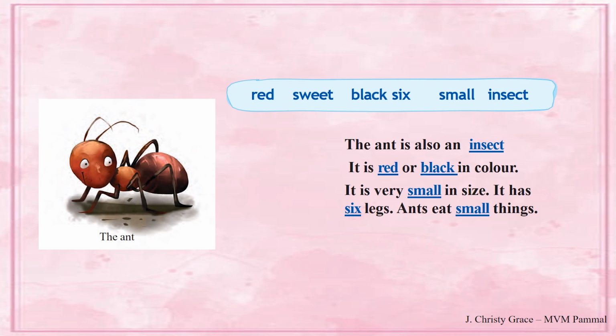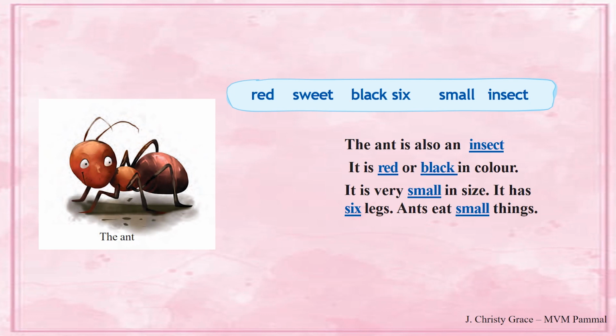So we can see the two colors of ants. Right? Red or black. Yes. It is very small in size. Yes. And how many legs does it have? 6 legs. Right? 6 legs. Ants eat small things. Very good. You just cross check your answers here.